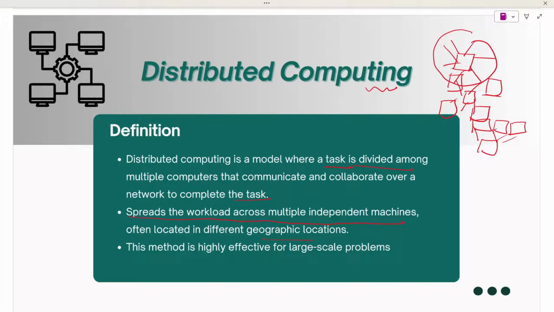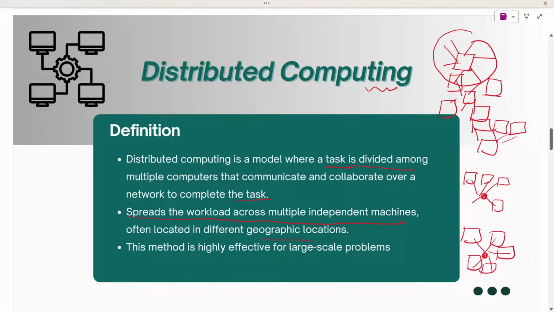As you can see the difference, in parallel computing, the single task was divided among multiple processors in the same device, but in distributed computing, a single task is divided among multiple independent computers.